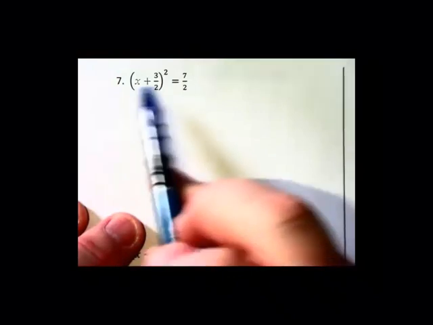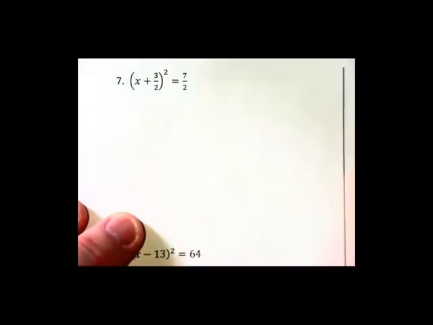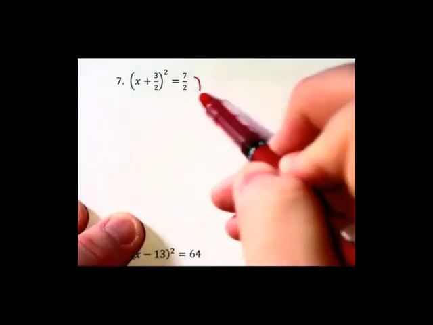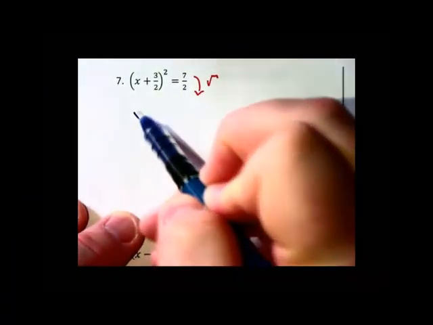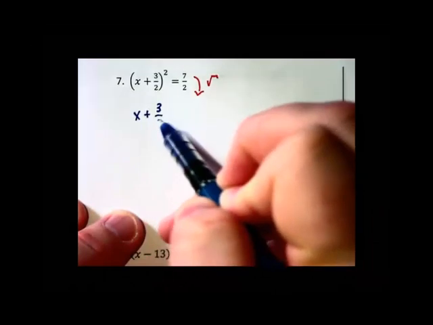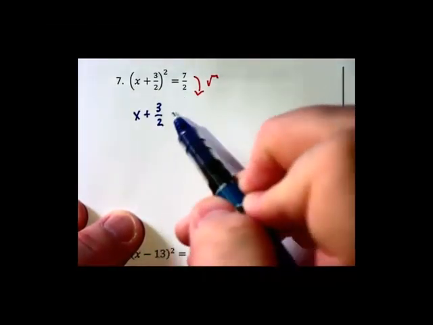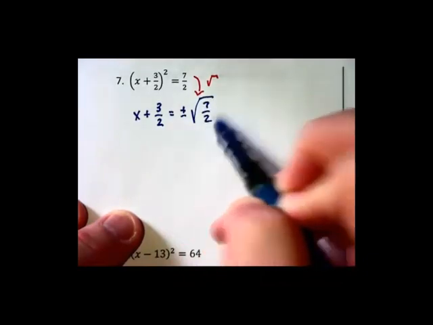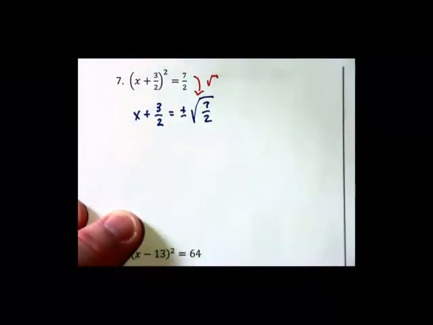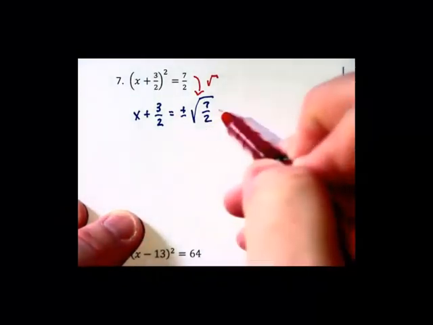We've already got a quantity squared, so I'm going to just square root each side. And the left side gives us x plus 3 halves. And on the right, we're going to have plus or minus the square root of 7 halves, which we can't have because we don't want that radical in the denominator.